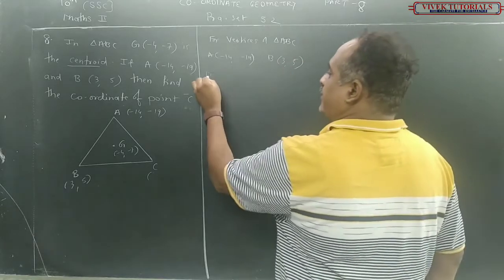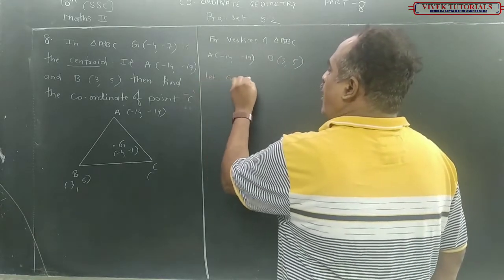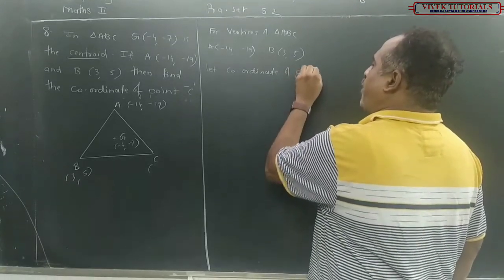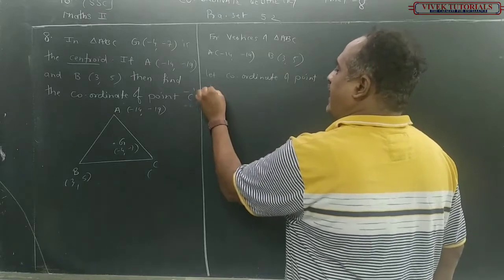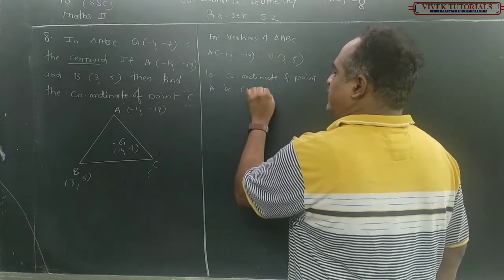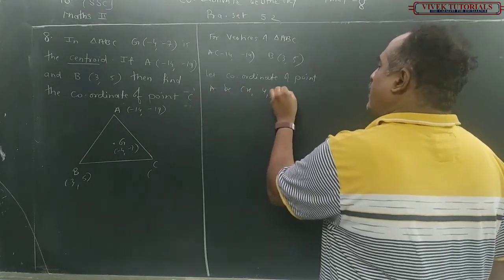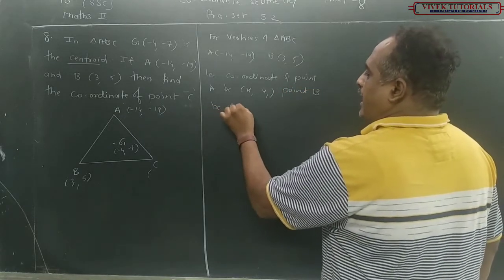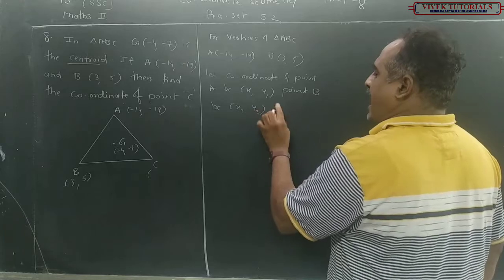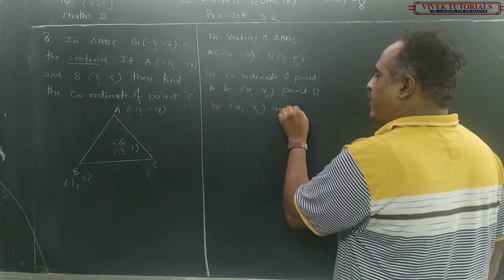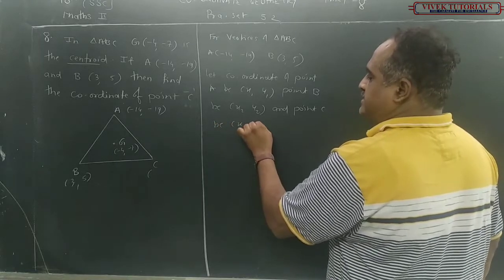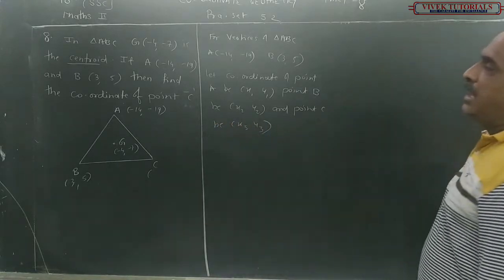Let the coordinates of point A be x1, y1, point B be x2, y2, and point C be x3, y3.